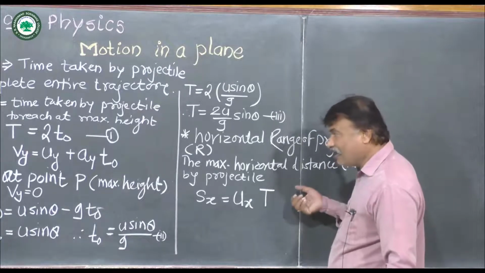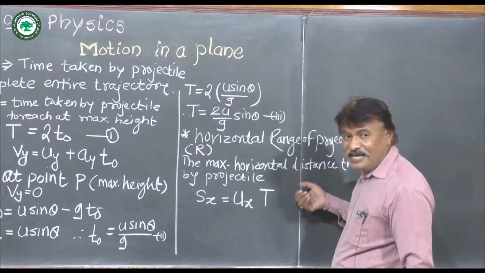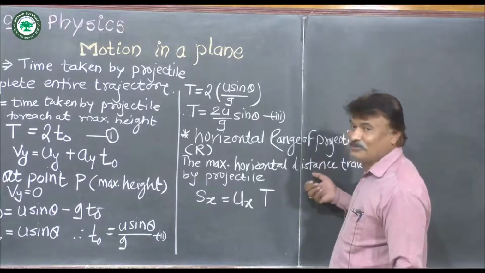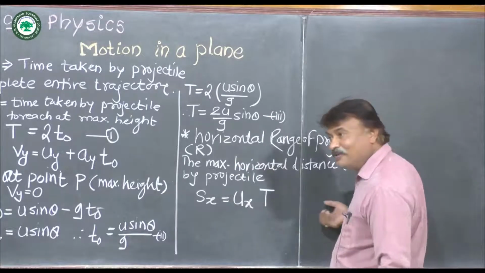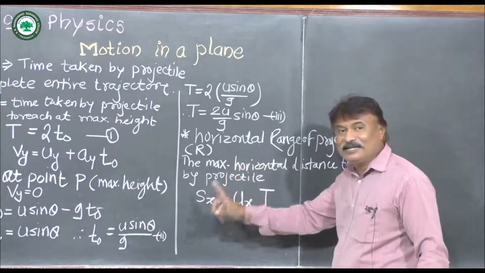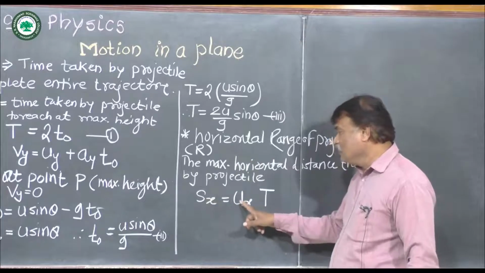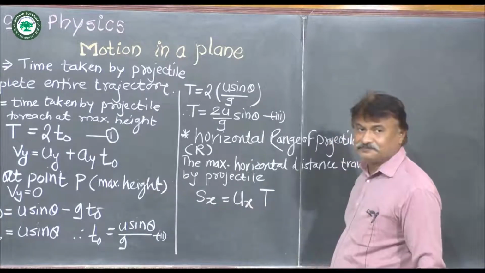plus half Ax into t square, but Ax is equal to 0, therefore this term will become 0, and that's why we finally write Sx is equal to ux into t.